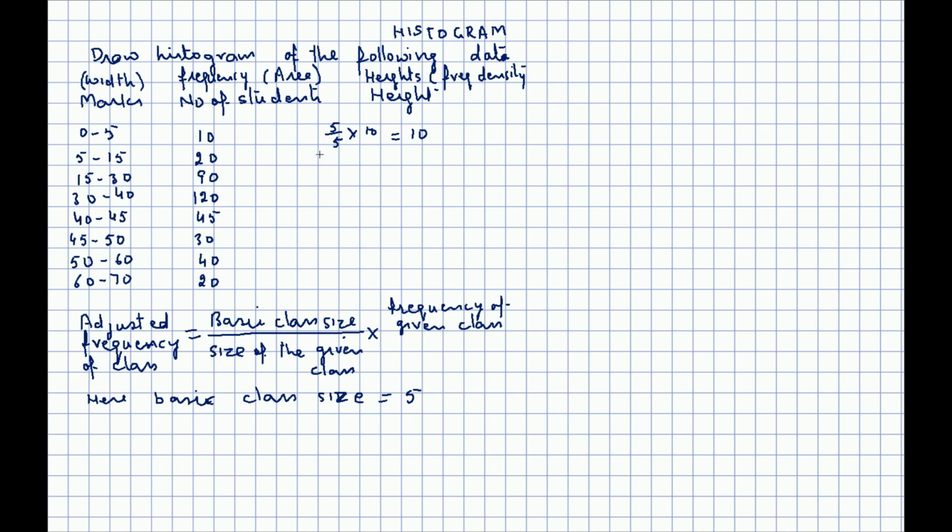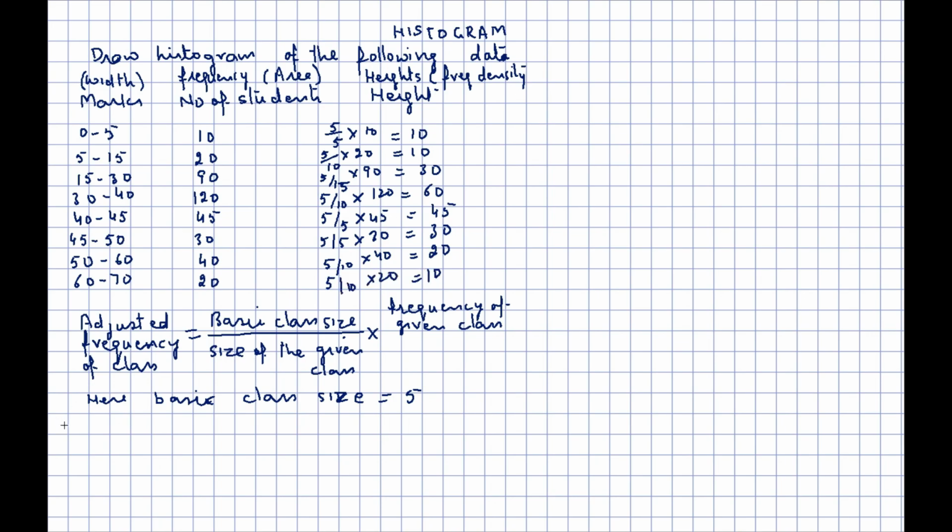If we do this calculation, we get the height of the first rectangle, which is equal to 10. Similarly, for the second rectangle, height is equal to 5, that is basic class, divided by size of the given class, which is 10, that is 15 minus 5, into 20, which is the frequency. Again, we will get 10. Like this, we will calculate the heights of different rectangles.